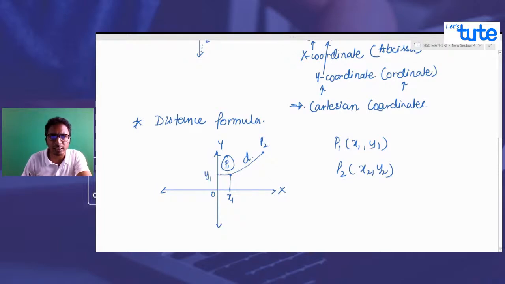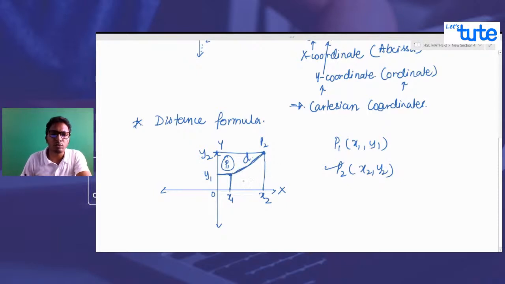That's the reason the coordinates of this point are x1 comma y1. Similarly, the coordinates for P2 are given as x2, y2. That means it is at x2 with respect to the x-axis and y2 with respect to the y-axis. Correct? And we need this distance.